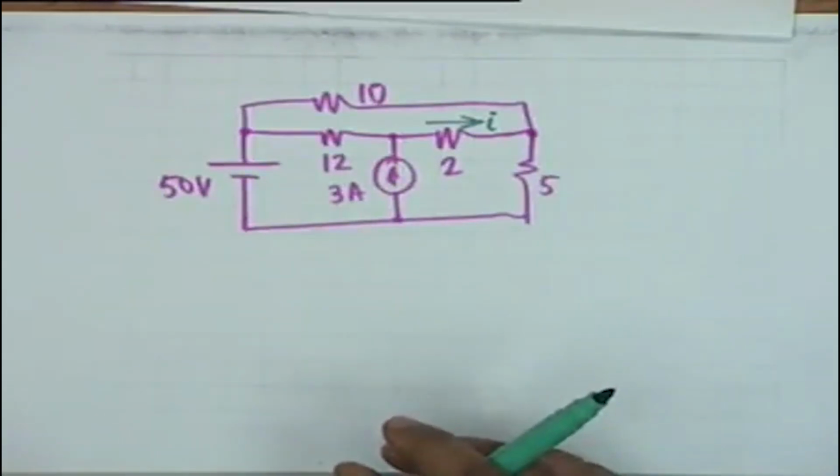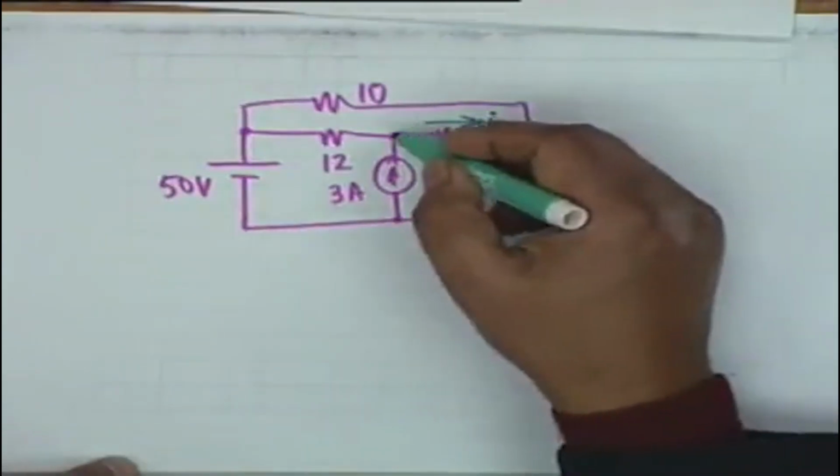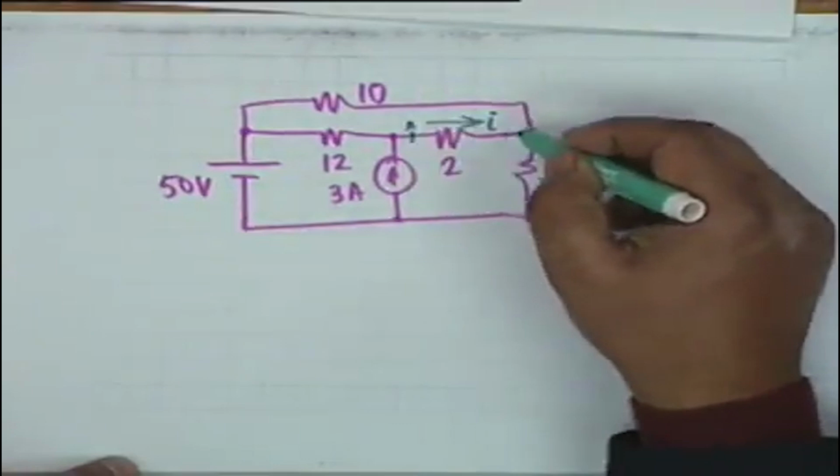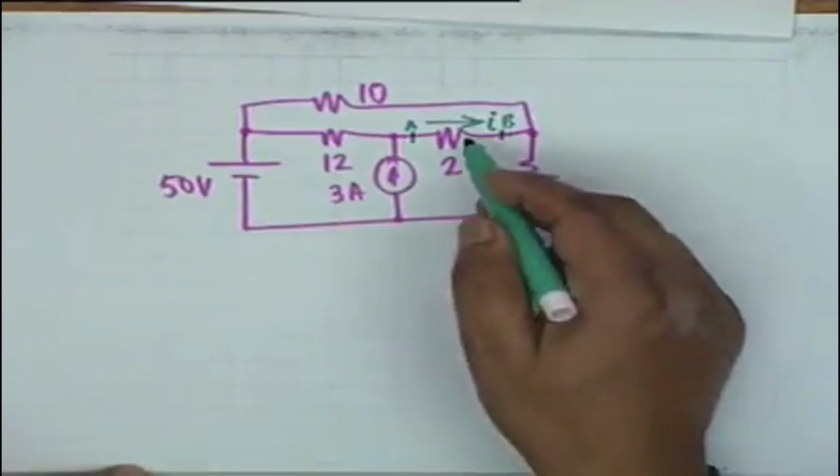All right. Now, the first thing we do is to find out the Thevenin equivalent. We call these points A and B. To find out the Thevenin equivalent, we would like to find out Vt and Rt. To find Vt, we must open this up.